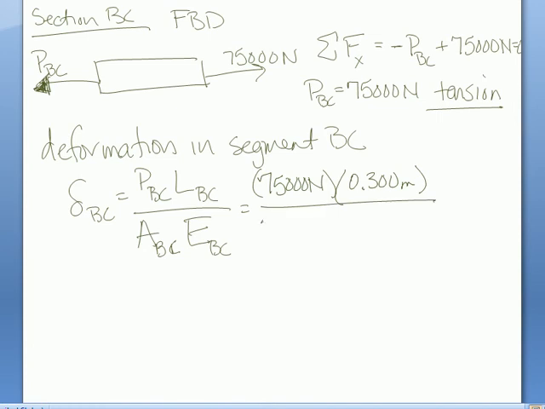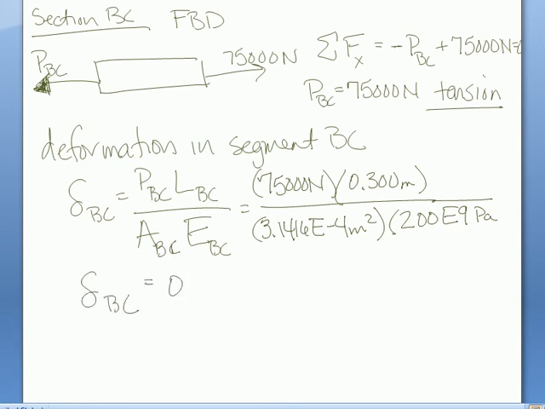The area is 3.1416 times 10 to the minus 4 meters squared, and the Young's modulus of 200 gigapascal. That ends up with a deformation of 0.000358 meters, or 0.358 millimeters.